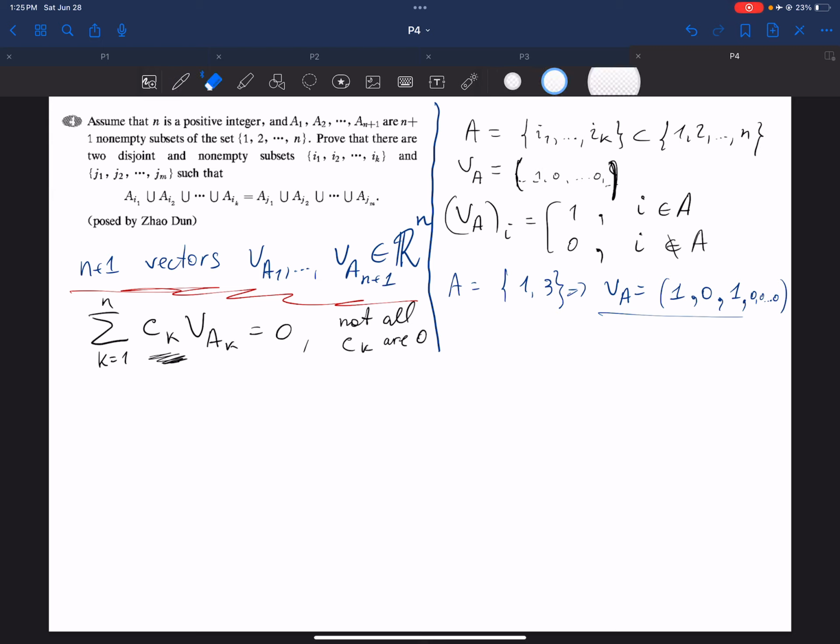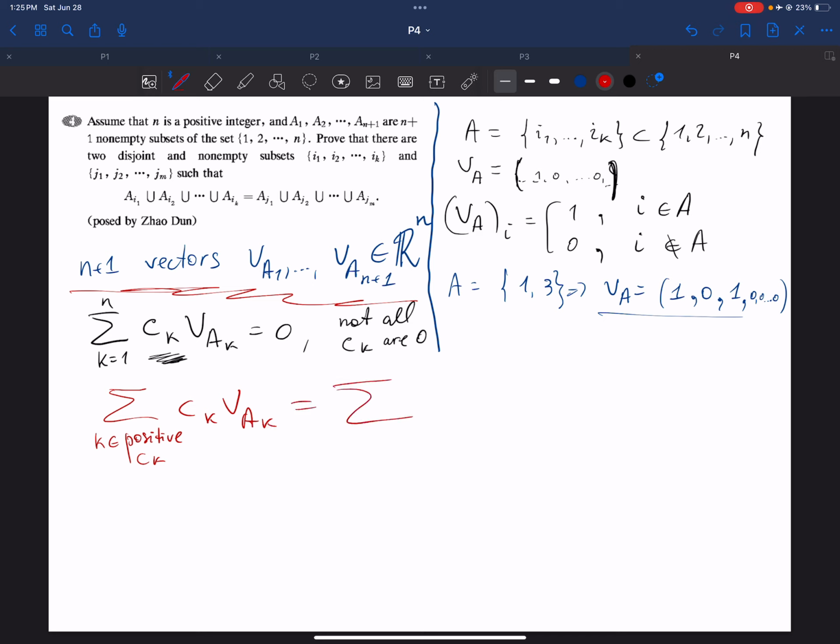Sum over K from the positive set of positive CK VAK, equals the sum over K such that CK is negative, and since we moved it to the right, it's minus CK, so minus CK becomes positive again, VAK.